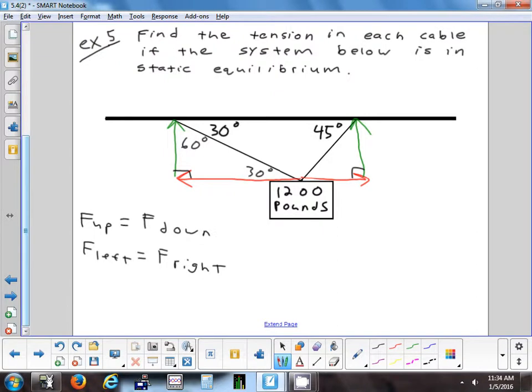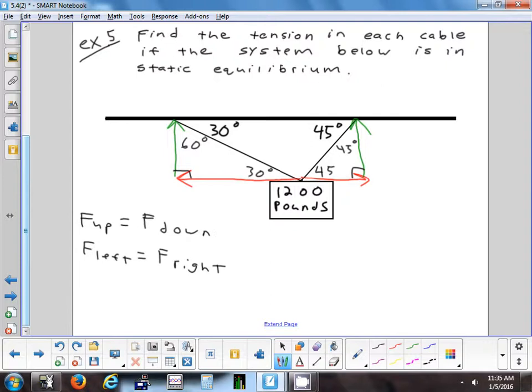Now the triangle on the right, what's this angle at the top? 45. And of course, if it's a 45, 90, the other one's 45. Any questions on that?